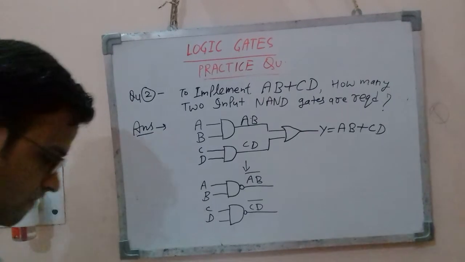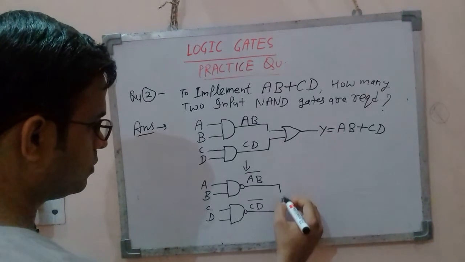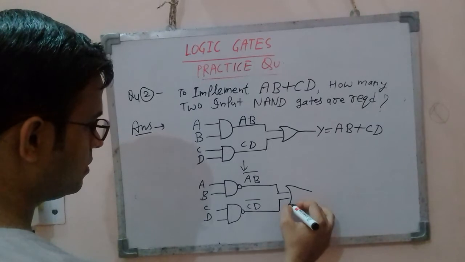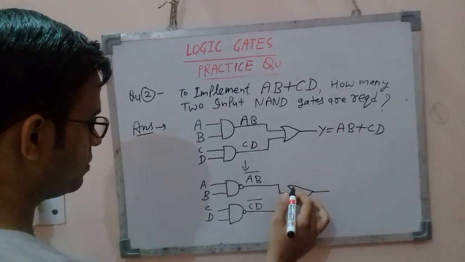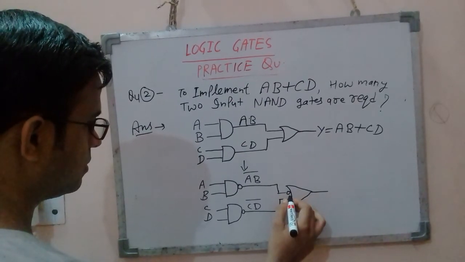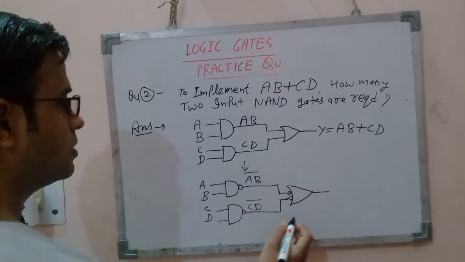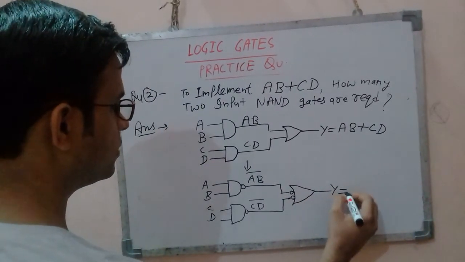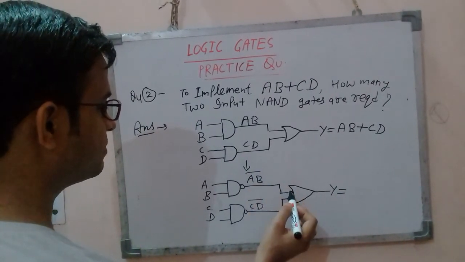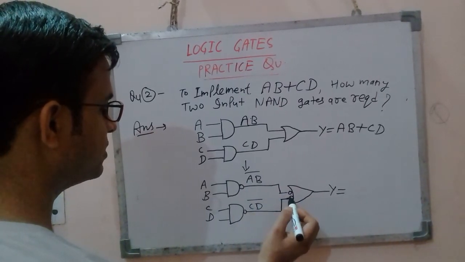Now put 2 more bubbles here like this, make an OR gate and put 2 bubbles here, 1 bubble here and 1 bubble here, right? So now tell me what is the output. Output Y will be equal to, see here, this bar gets cancelled with this bubble, this bubble gets cancelled with this bubble, similarly this bubble gets cancelled with this bubble.